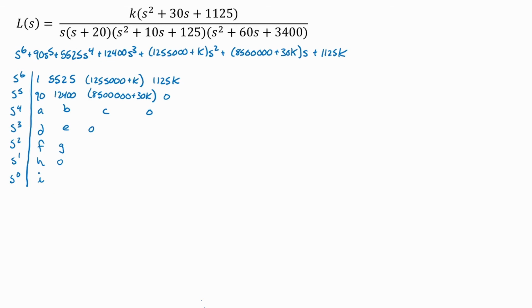Alright, so now looking at this, we're going to start with evaluating number, or a. So a is going to equal to 1 over negative 90.